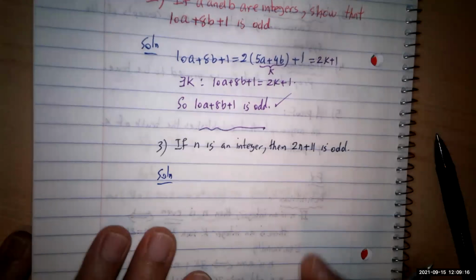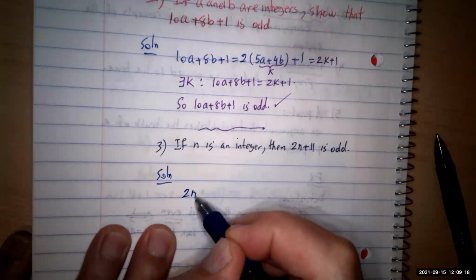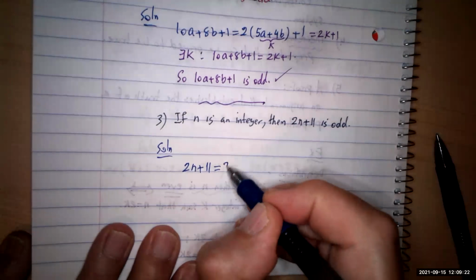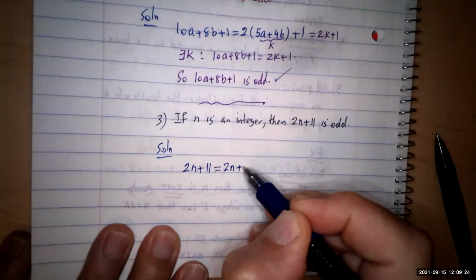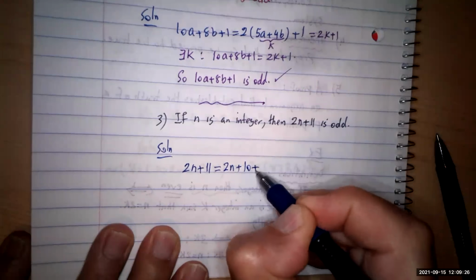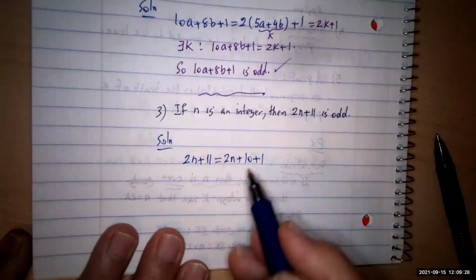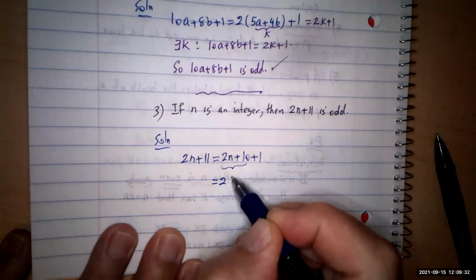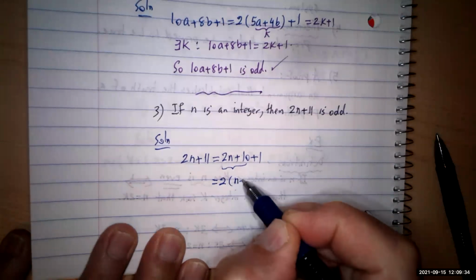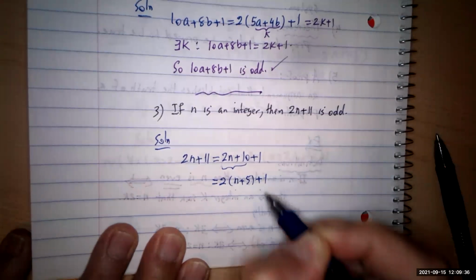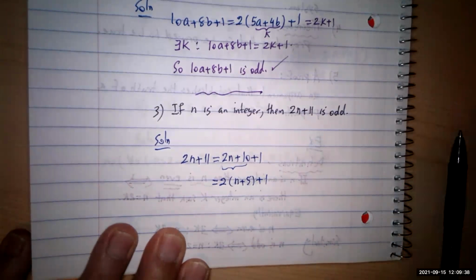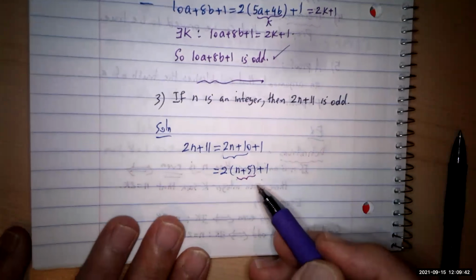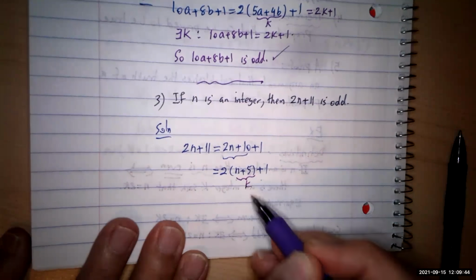So the solution is, we have 2n plus 11. You isolate the 1: 2n plus 10 plus 1. Out of these, we factor out the 2. That gives us 2 times n plus 5, plus 1. Now n plus 5 is an integer, so we can call it k.